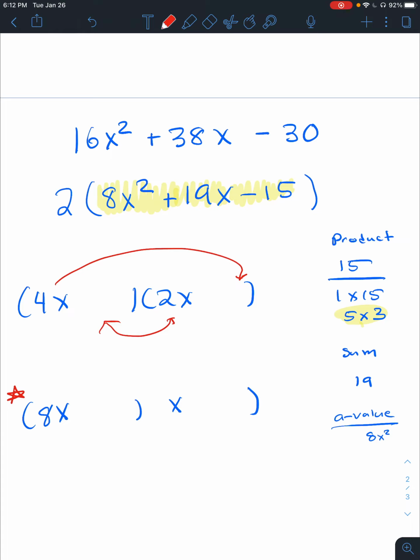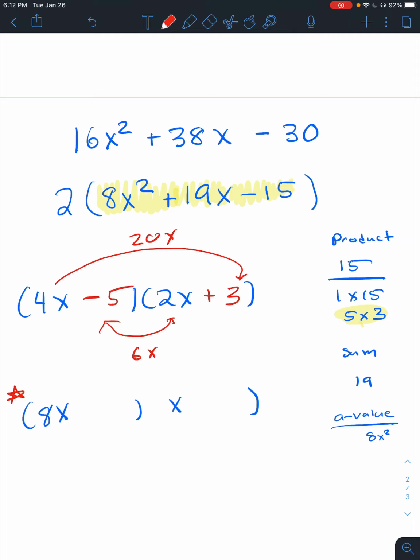So 4 times 5 is 20. 3 times 2x is 6x. So even if I made this positive, made this negative, 20 minus 6x doesn't give me 19x. There's no way 20 and 6 could give me 19. So that doesn't work.